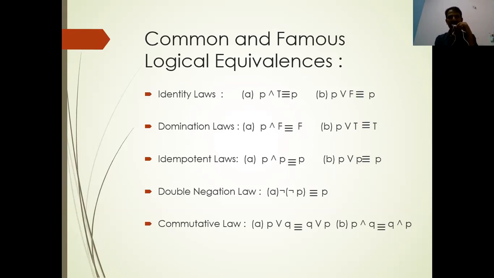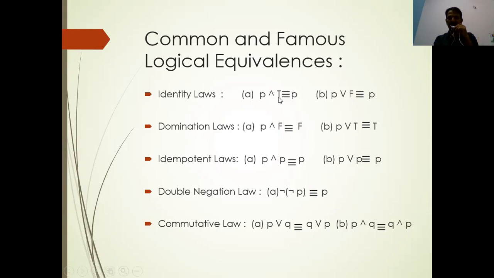First, the identity laws. What do you mean by identity law? P and T is always P only. If you write the truth table for P and T: if P is true, then P and T is true. If P is false, then false and true is always false.